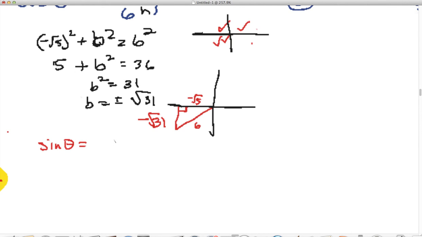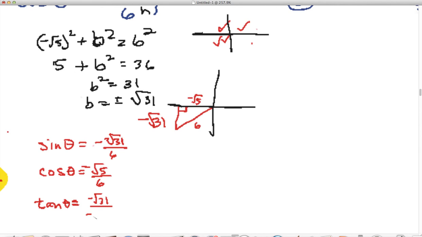Sine theta is going to be... the tangent, the negatives cancel out, and you've got to rationalize it, get rid of that root 5 on the bottom.